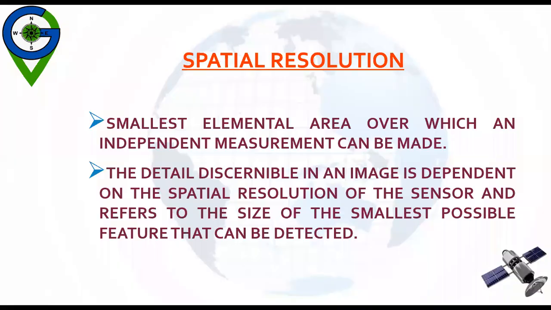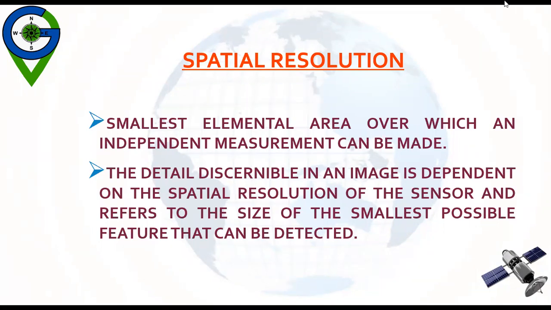Spatial resolution of passive sensors depends primarily on their instantaneous field of view, known as IFOV. The IFOV is the angular cone of visibility of the sensor and determines the area on the Earth's surface which is seen from a given altitude at one particular moment of time.